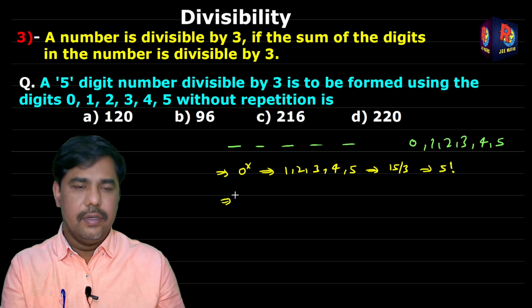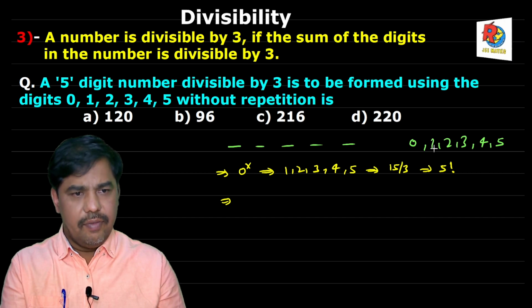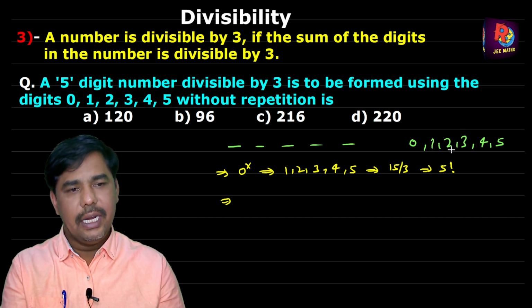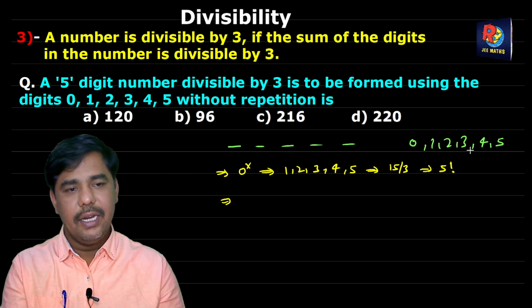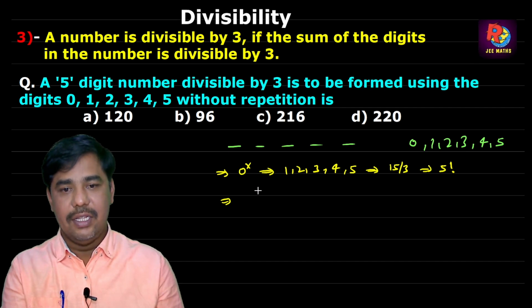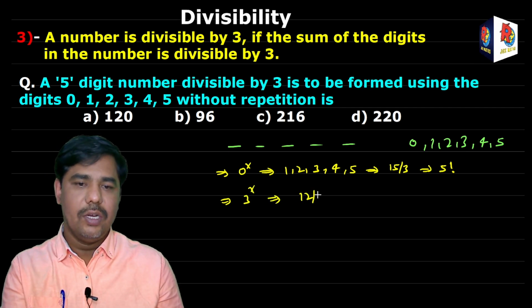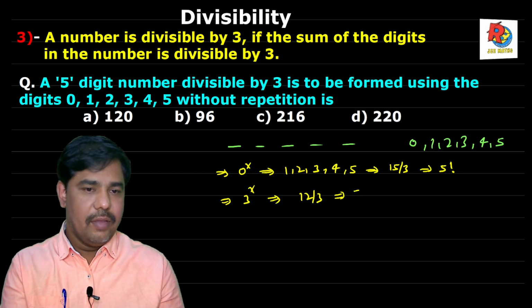Next one. If I neglect the 1, we get 14, not divisible by 3. If I neglect the 2, 13, not divisible by 3. If I neglect the 3, it will be 12, and 12 is divisible by 3. In how many ways can I arrange? 5 factorial ways.